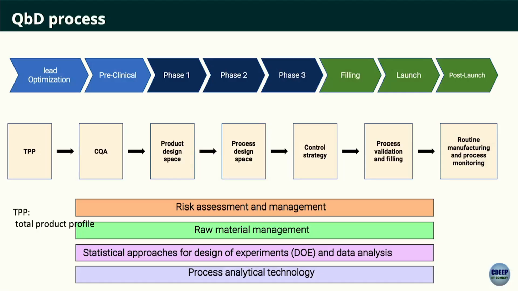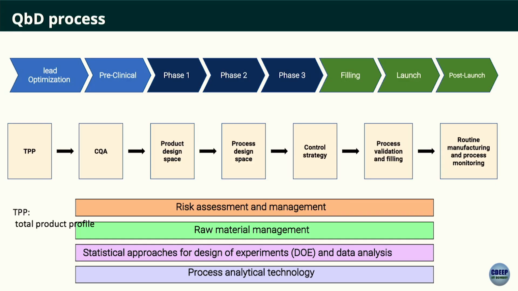Total product profile is what all, from design to development, the product needs. Then product design space, how we are going to design it, process design space, what control strategy we are going to adopt, and process validation, where you validate what process you are following, and finally it comes to filing.